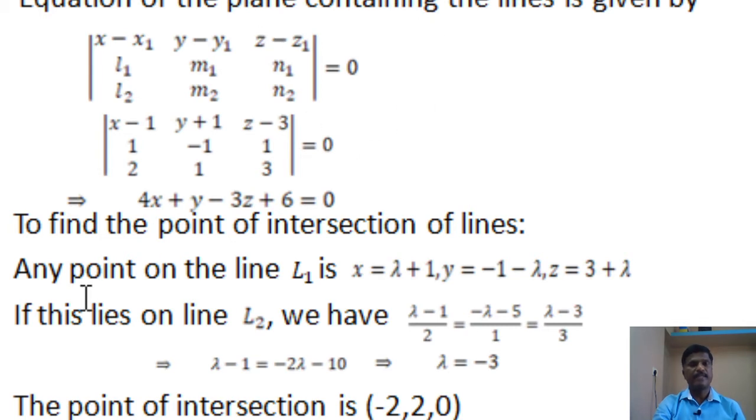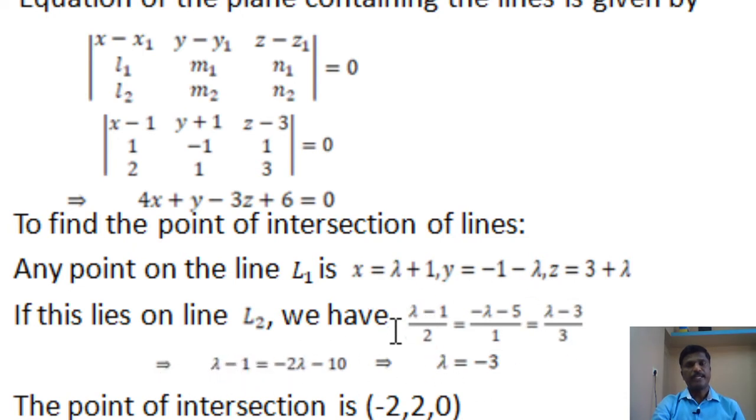Finally we find the point of intersection of the 2 lines. For that, any point on the first line is x equal to lambda plus 1, y equal to minus 1 minus lambda, z equal to 3 plus lambda. If this lies on the line L2, we replace x1 by lambda plus 1, y1 by minus 1 minus lambda, and z1 by 3 plus lambda.